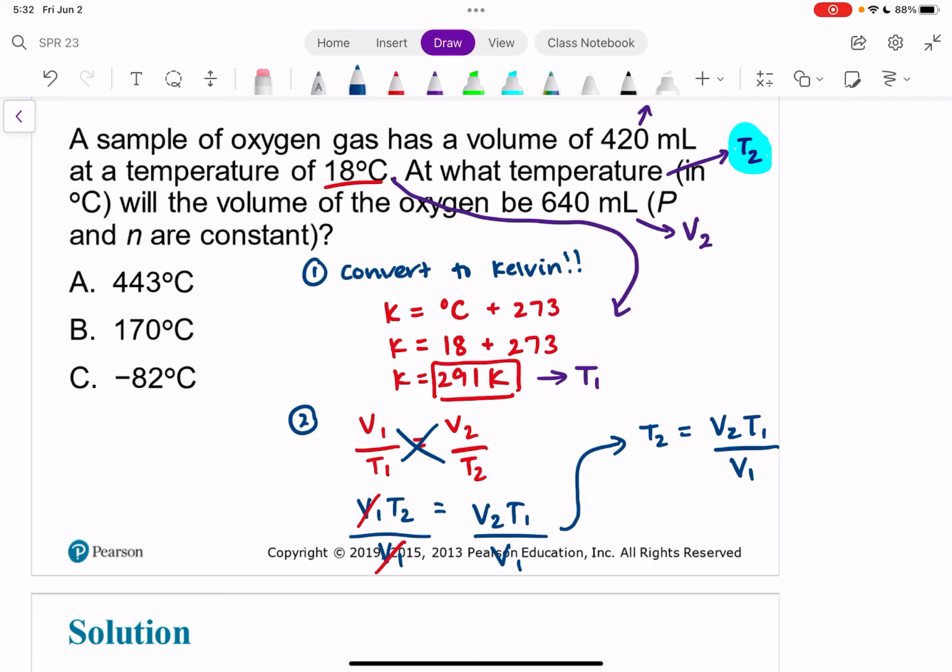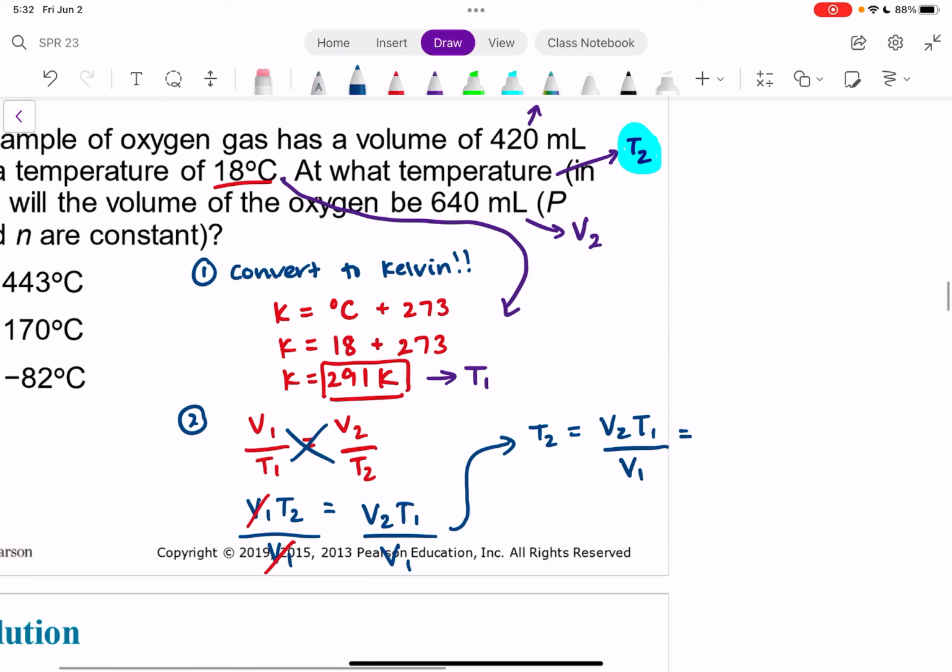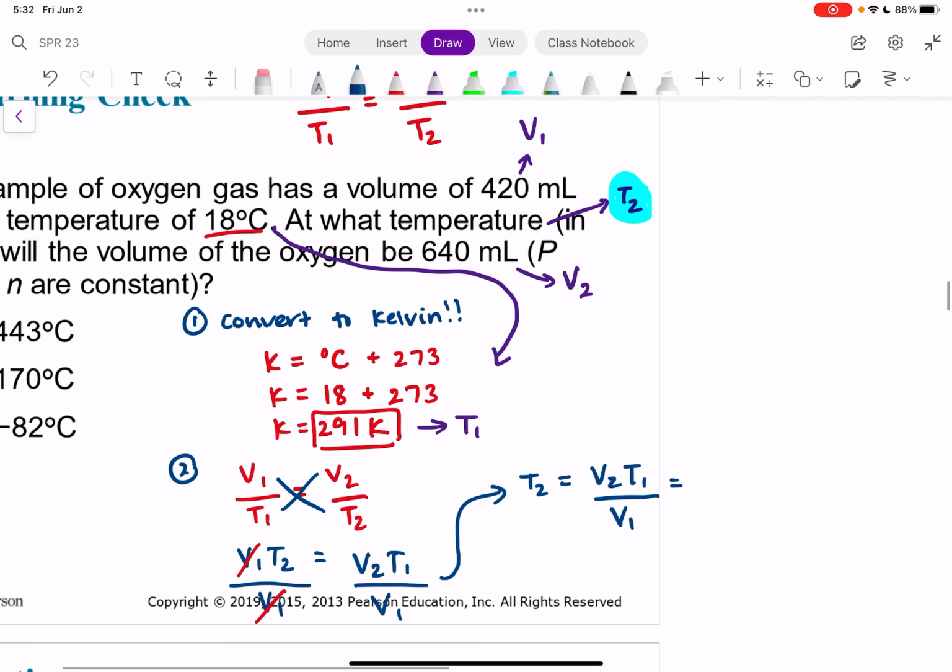Whew, all right, so let's plug in those values. So we got V2 is, we said, 640 mL. T1 is, we said, 291 Kelvin. And then V1 is 420 mL.